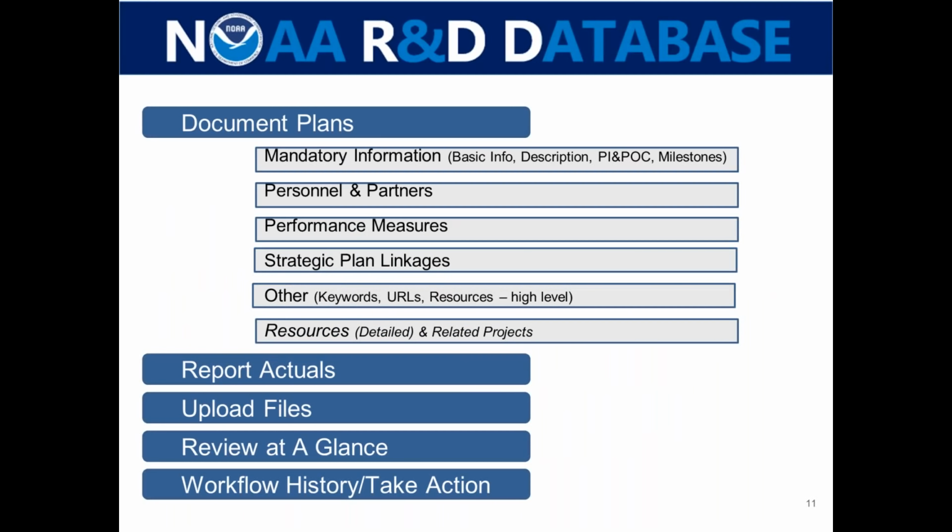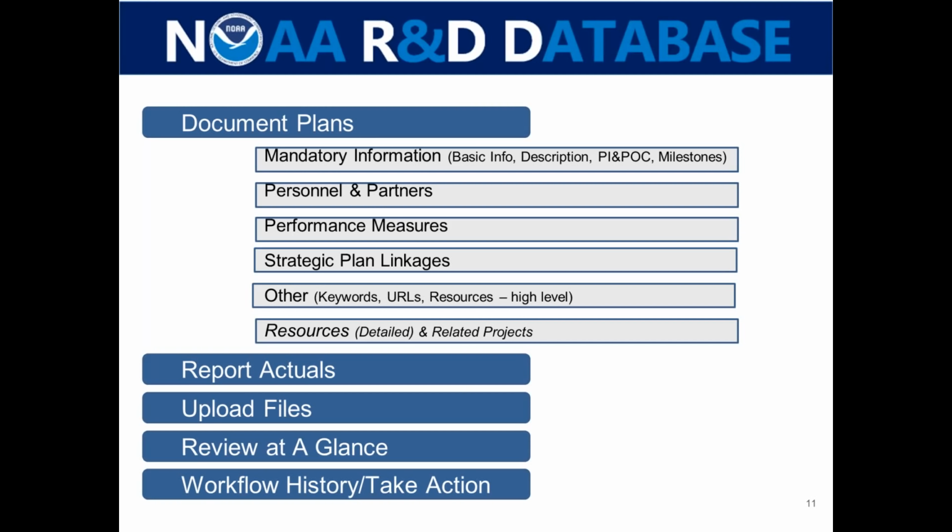This is the structure in the current database. This will be changing somewhat in the redesign, but we have some main tabs here under document plans. We have what we used to call mandatory information. Now we're calling it basic information because we've gotten to the point where we're asking that all fields are mandatory.